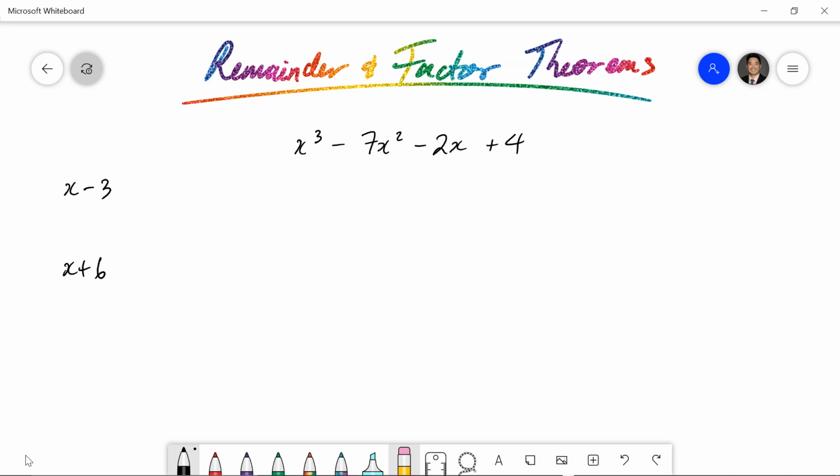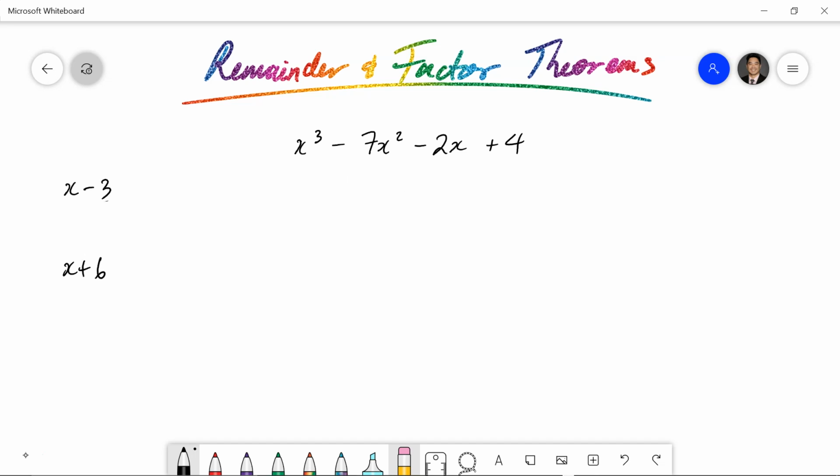I want to know if x minus 3 is a factor of this polynomial without having to do the full division, because that's going to take a long time. The quickest way is doing what we did in the previous video, looking at polynomial values and substituting a value into this expression to see if there is a remainder or if it equates to 0.